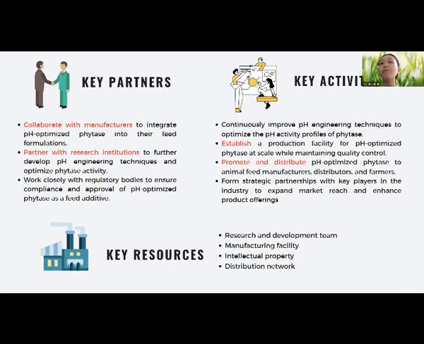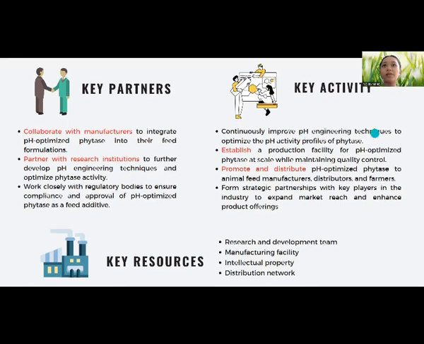Our key activities will be, first, continuously improve the pH engineering technique to optimize the pH activity profile of phytase. Second, establish production facilities for pH optimized phytase at scale while maintaining quality control. Third, promote and distribute our product, which is pH optimized phytase, to animal feed manufacturers, distributors, and also farmers.